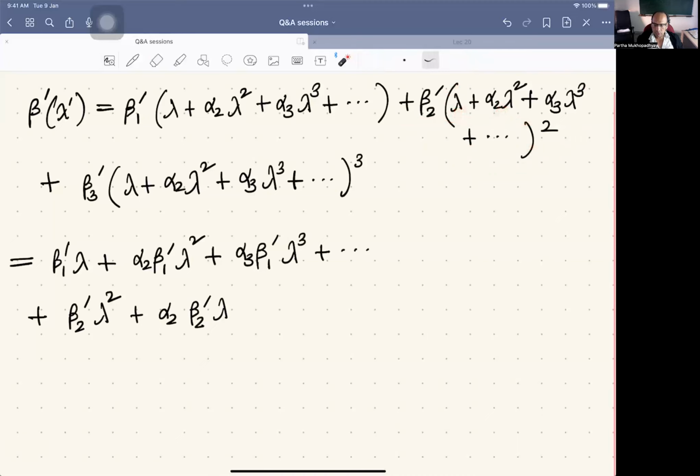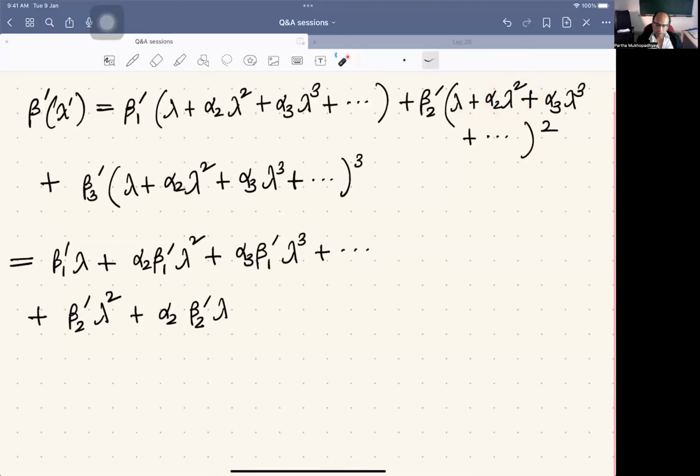So 2 alpha 2 lambda cube, this is the term. Any other term will be this square or multiplication of lambda and lambda cube. Those are all order lambda to the power 4.